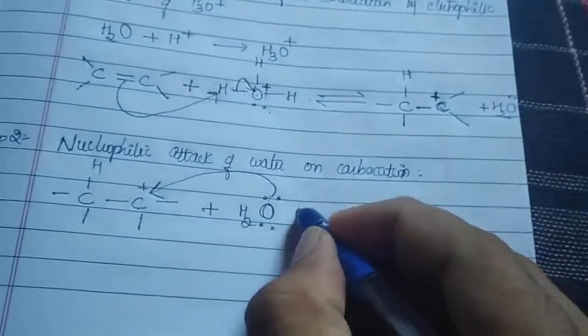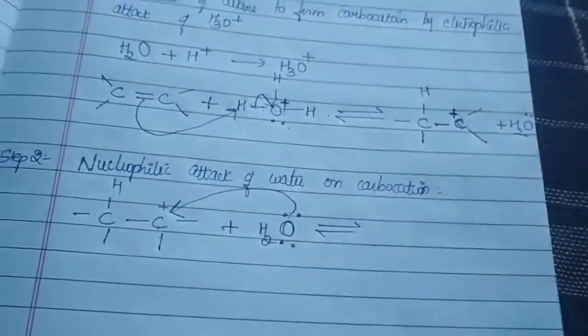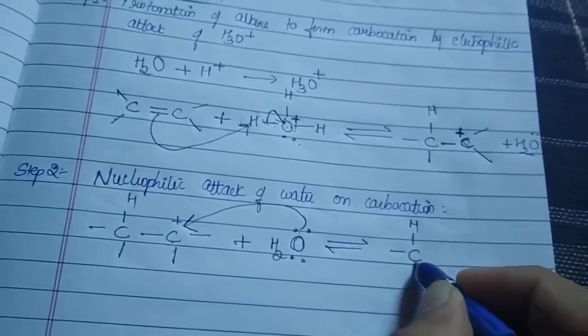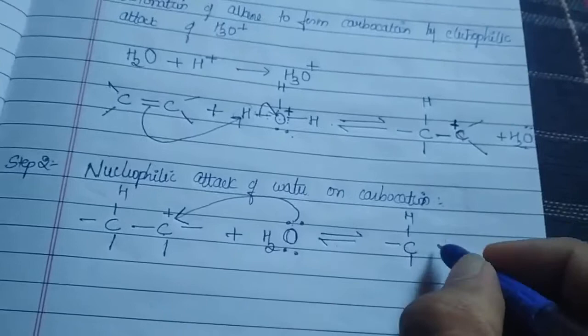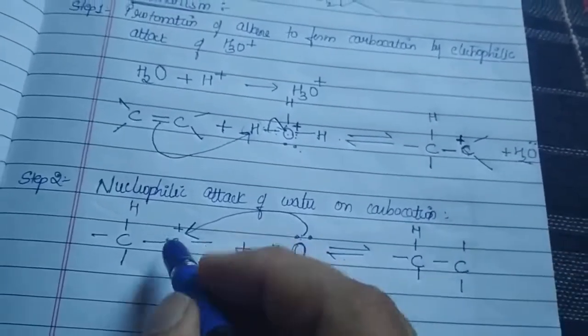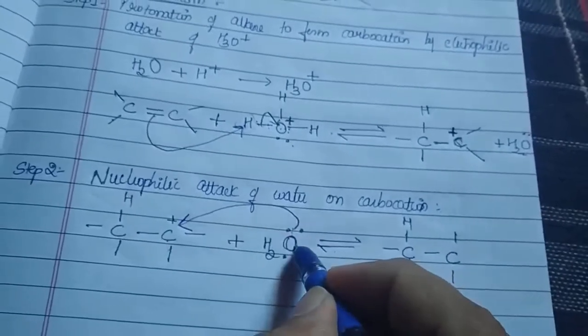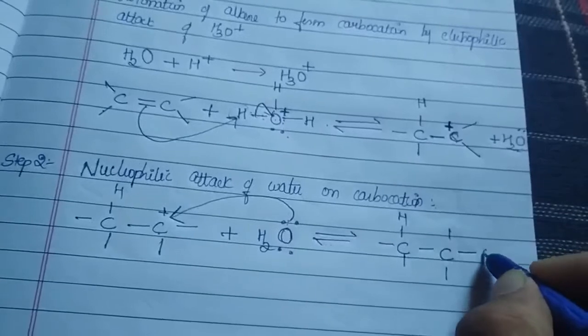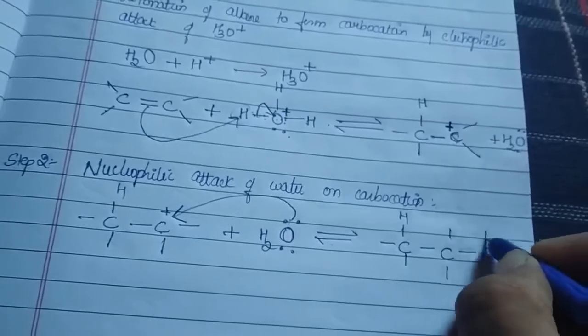So next, this will also be in an equilibrium. How can we write it now? C H like this. Next C, of course it is having 2 bonds, but this positive has been balanced with that of your oxygen's water. So just see here, very much important, pay close observation.